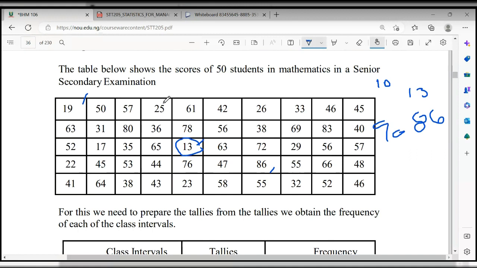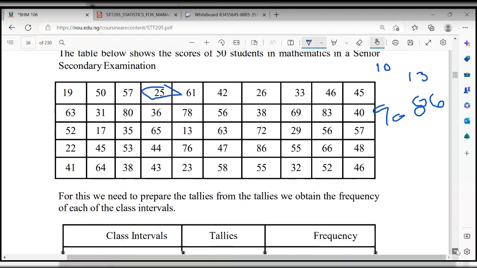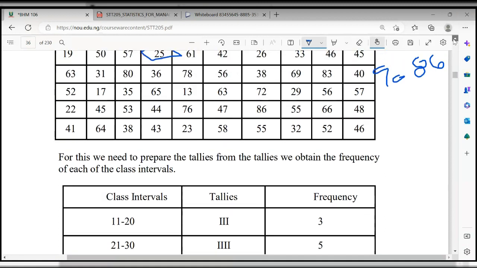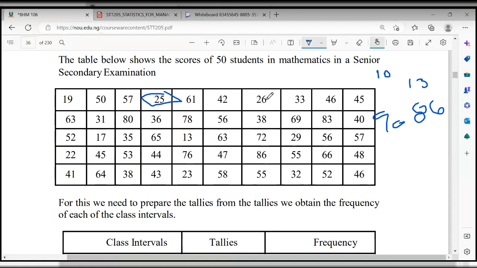In this case, if you are working on it, you can use different symbols to indicate or mark them out. So we have 25. Let's keep going.